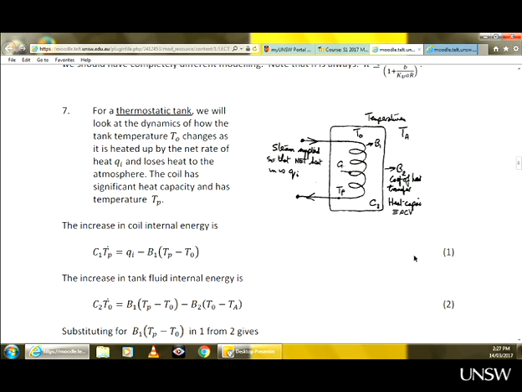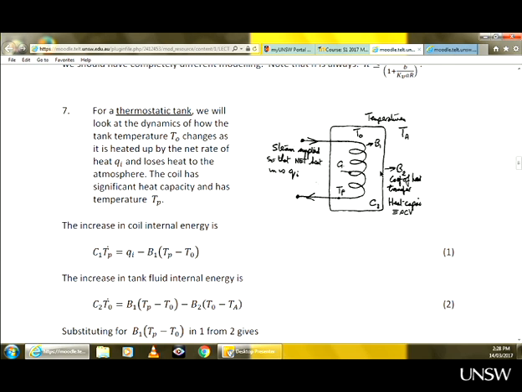OK. A thermostatic tank. And here is a description of what it does. So you have a very hot fluid, a steam, going through this coil. Now, the coil loses heat, so heats the water around it in this particular tank.